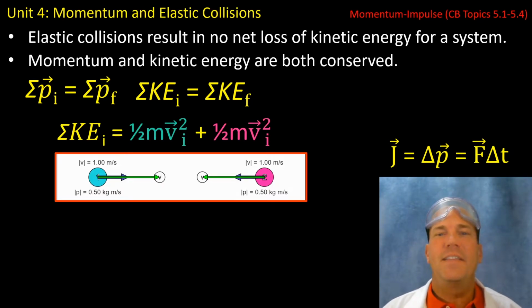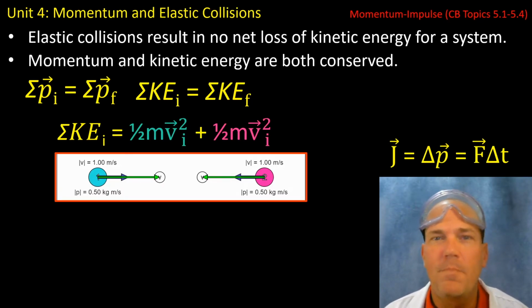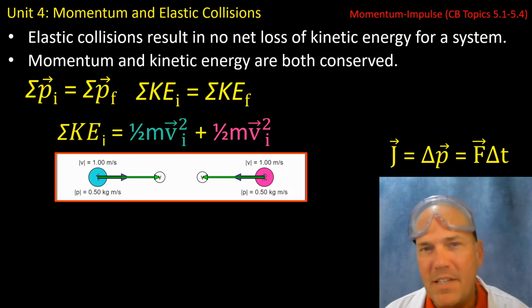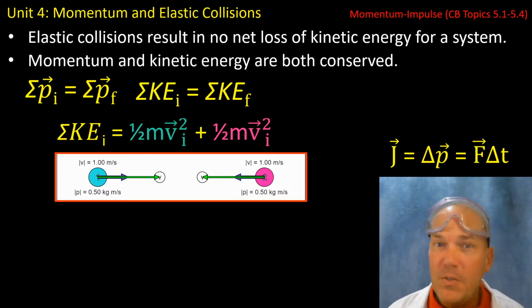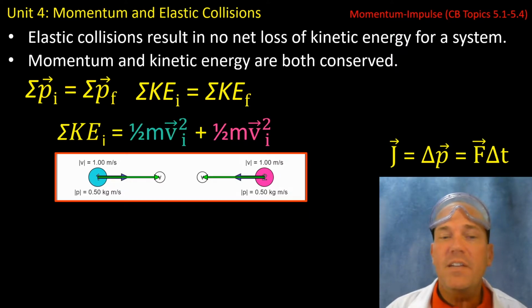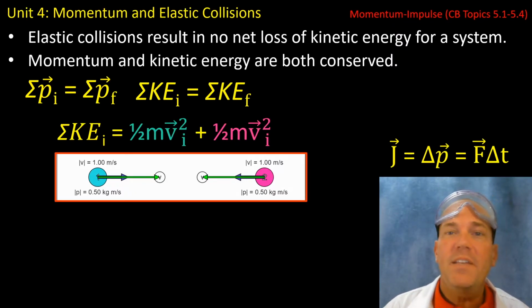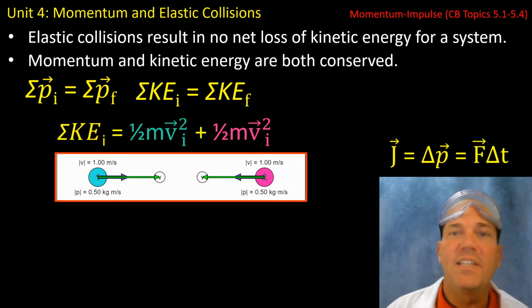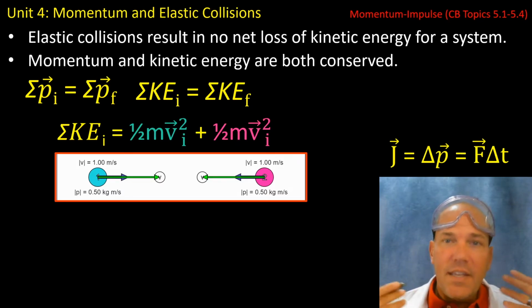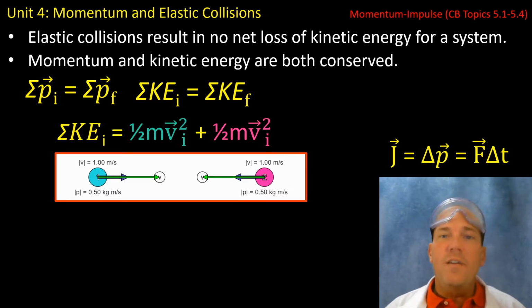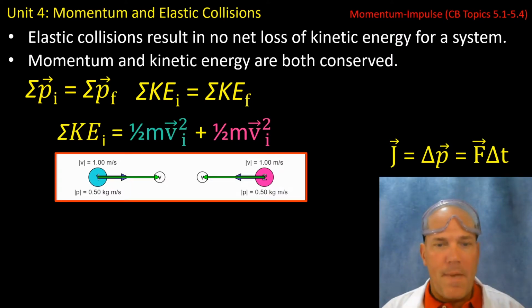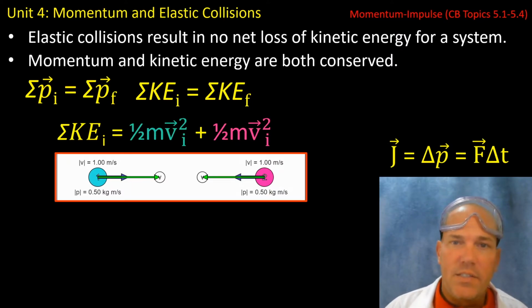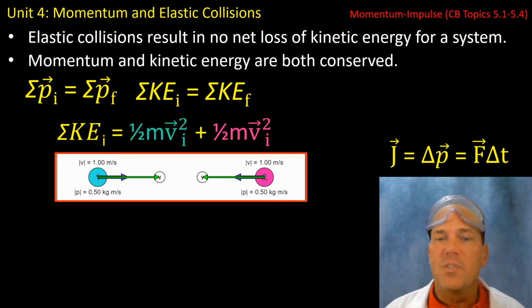Let's look at this example I spoke to you about in a previous video on the conservation of momentum. We have these two objects initially about to collide. If we consider their respective masses and velocities, we can calculate the kinetic energy of this system before the collision. Now recall that their masses were the same at 0.5 kilograms.